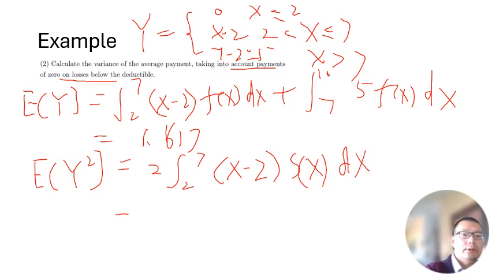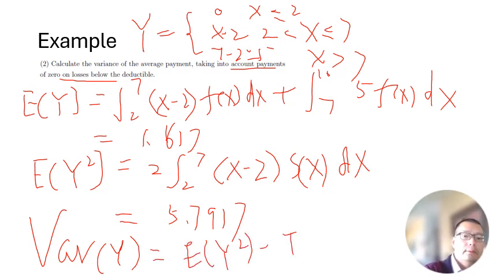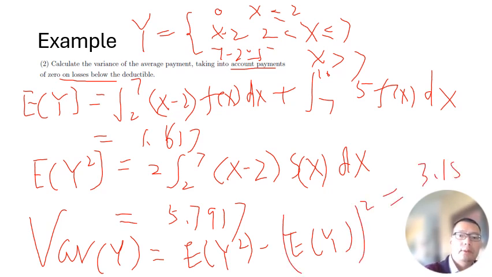And eventually you will get to this. Now, with both EY and EY squared calculated, this is just the formula for variance that we have been using quite a lot by now. Hopefully you should remember this, and this should be equal to 0.18.